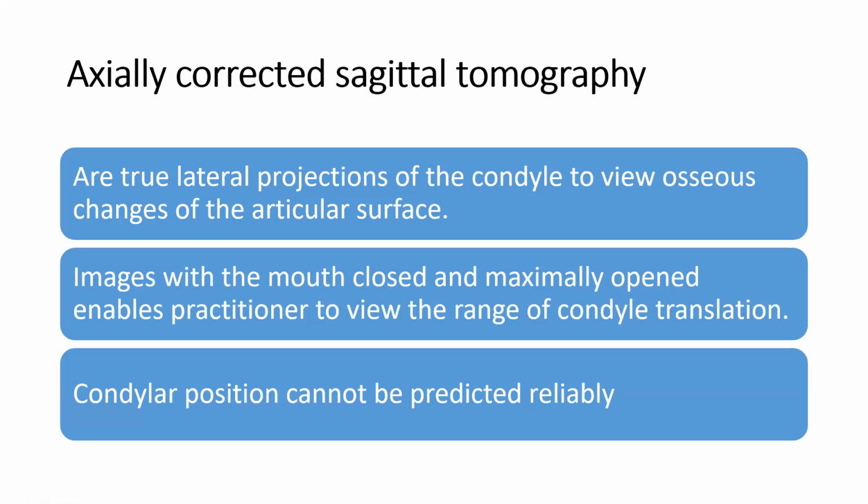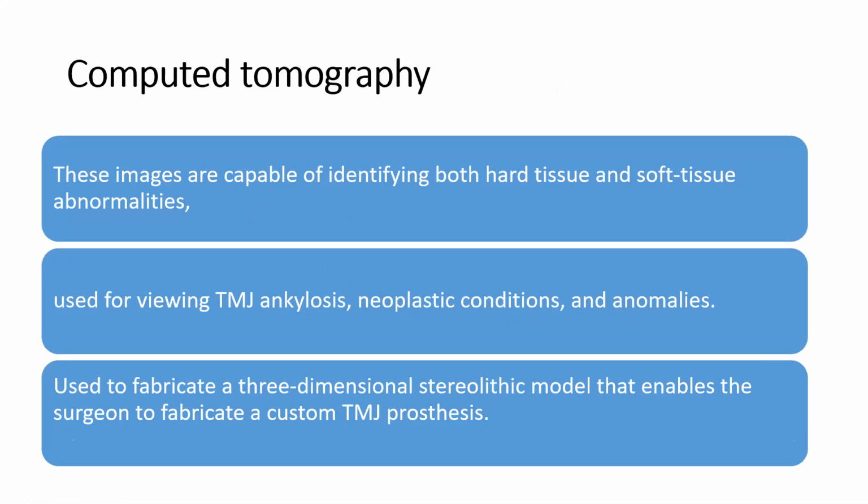Another method is the axially corrected tomography, and these are two lateral projections of the condyle to view the osseous changes of the articular surface. And images with the mouth open and mouth closed can be taken to view the range of the mandibular translation. And the condylar position cannot be predicted from this axially corrected tomography.